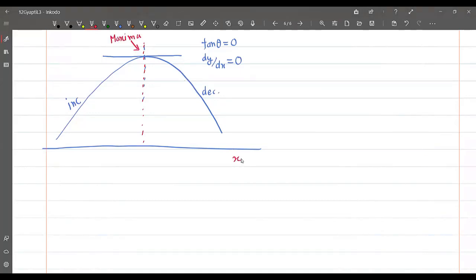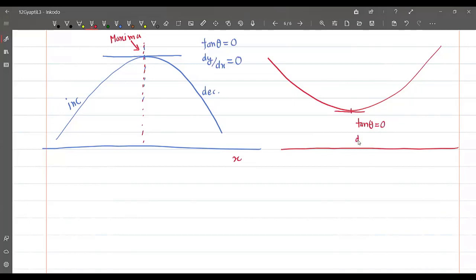This is your x-axis. In the other case, suppose the graph is like this, then here again the tangent is horizontal. So tan theta is 0, so dy by dx is again 0. This point represents a minimum.